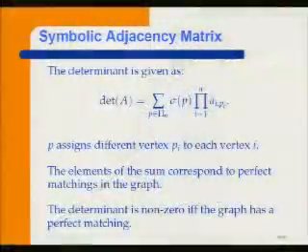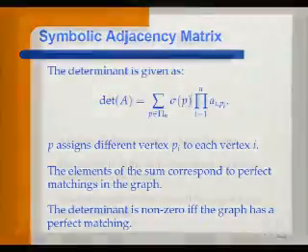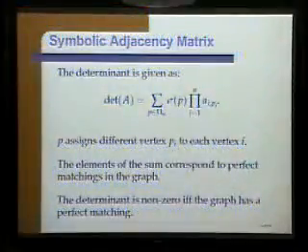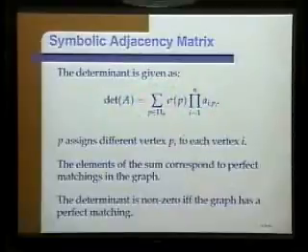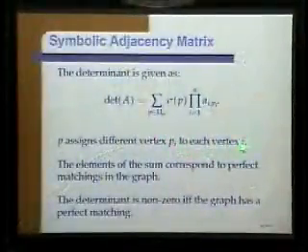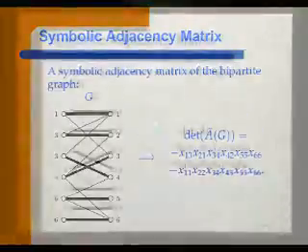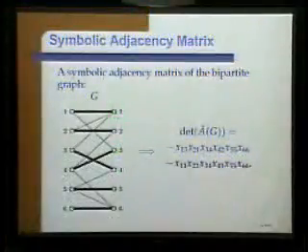And why is it so? Let's again take the equation for the determinant and see what is happening. In each sum, the permutation P assigns a different vertex P(i) to each vertex i. So for each vertex i on the left side of the graph, we have another vertex on the right side assigned.